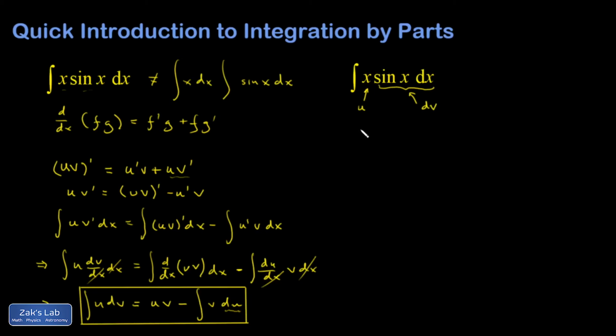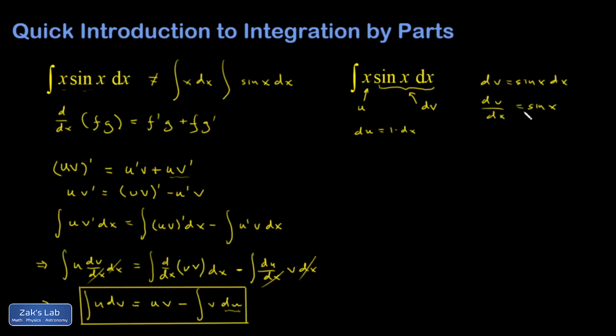All right, so then I need to find du for the right-hand side of integration by parts, and that's just 1 dx. And then I need to find v. Well, I'll do this the long way once, but dv is sine x dx, which means dv dx is sine x.